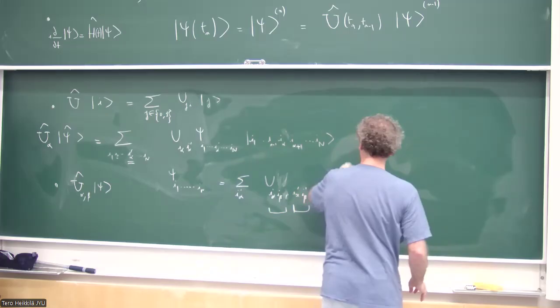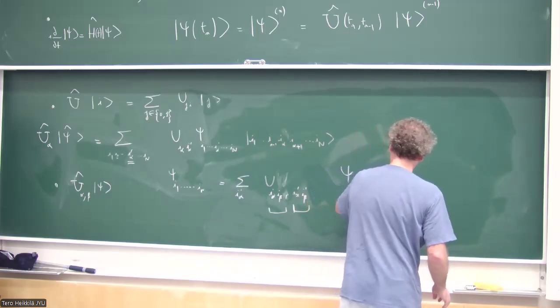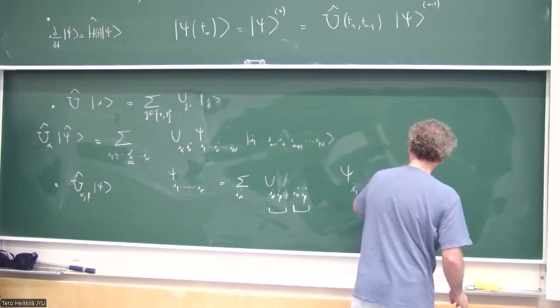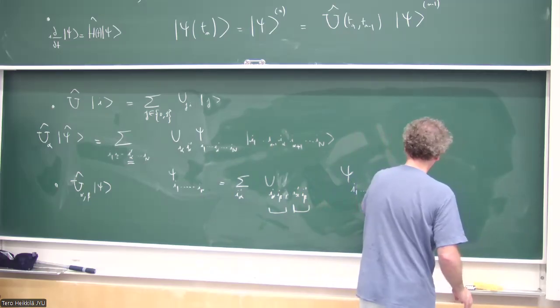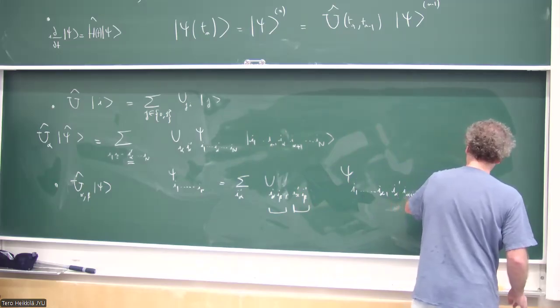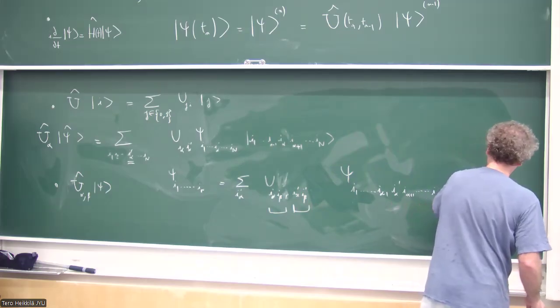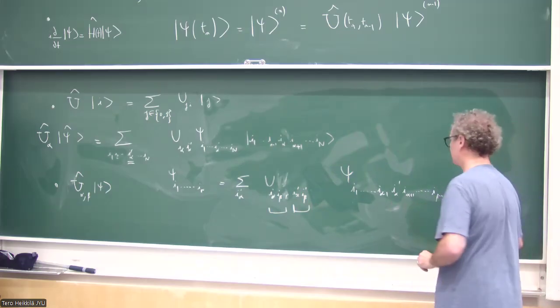So here I have psi I1, I alpha minus 1, I alpha prime, I alpha plus 1, I beta minus 1, I beta prime, I beta plus 1, I n.